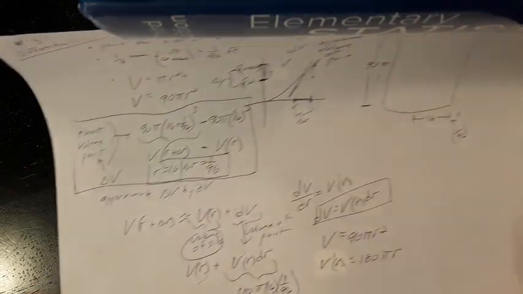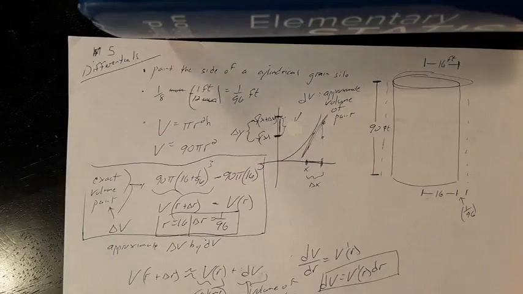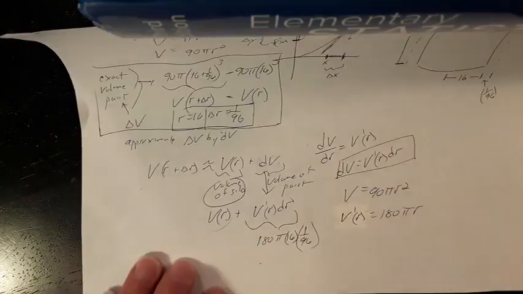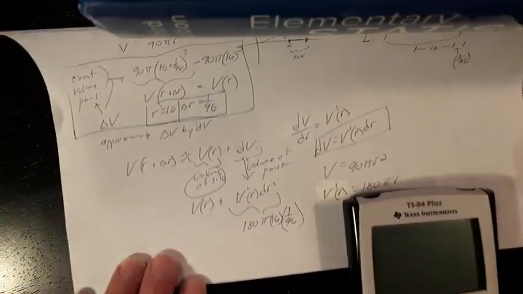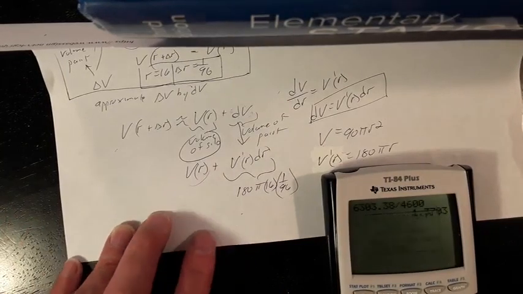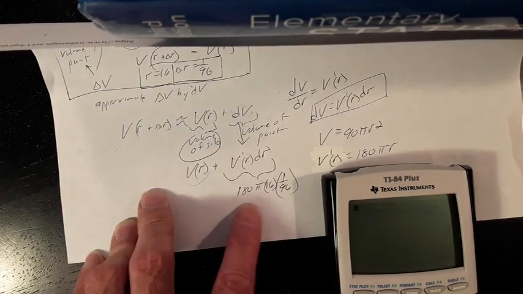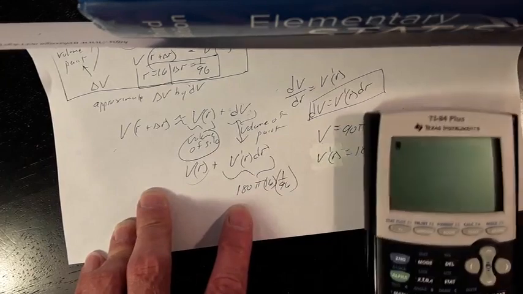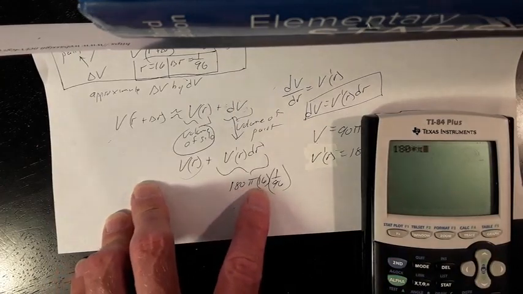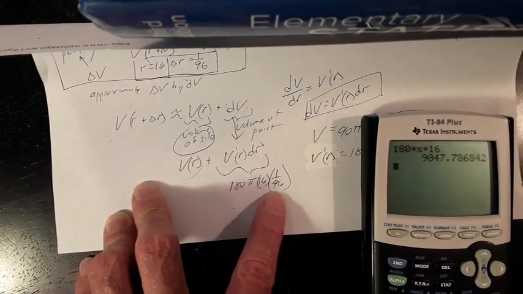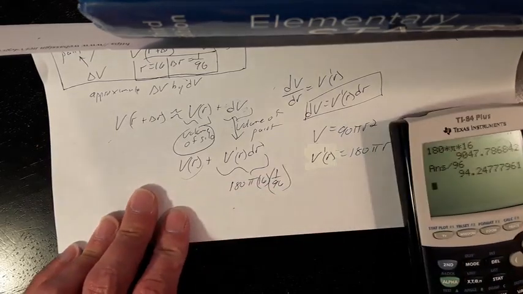When you do this out, formally you should keep it with pi's and everything, but I'm just going to get an approximation to a few decimal places. 180 times pi times 16 divided by 96 gives us about 94.25.